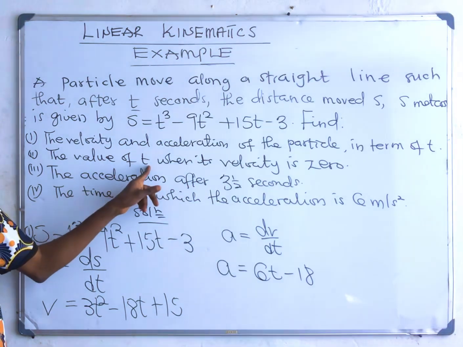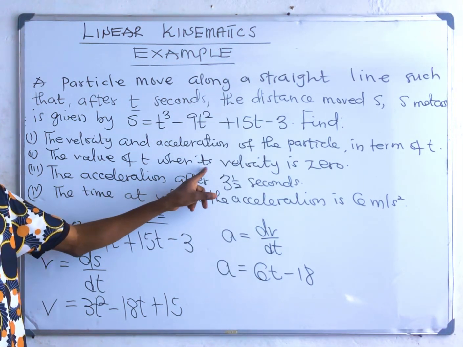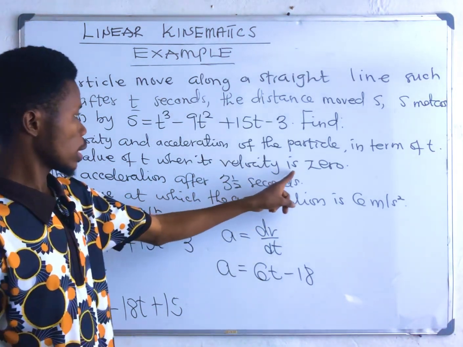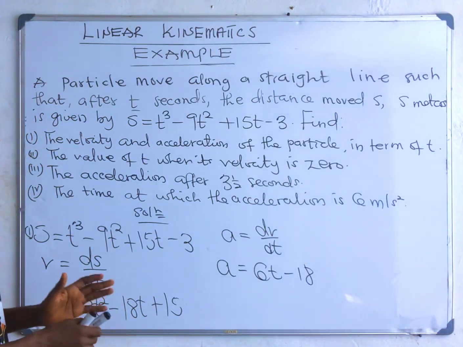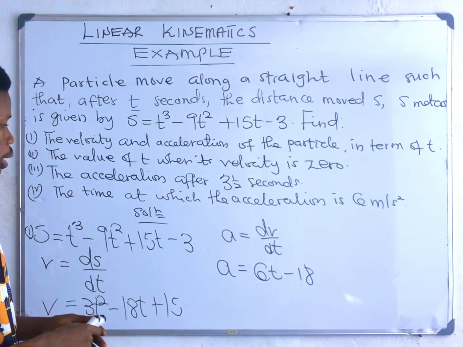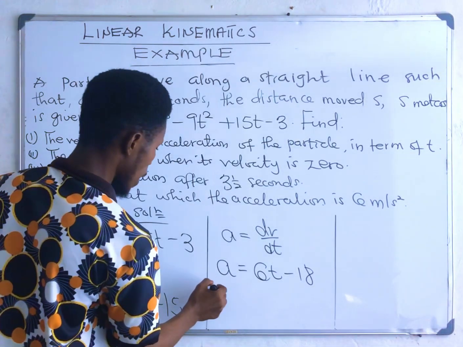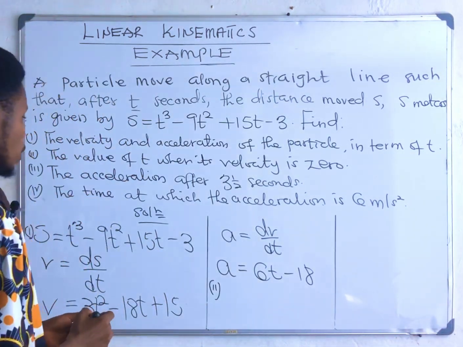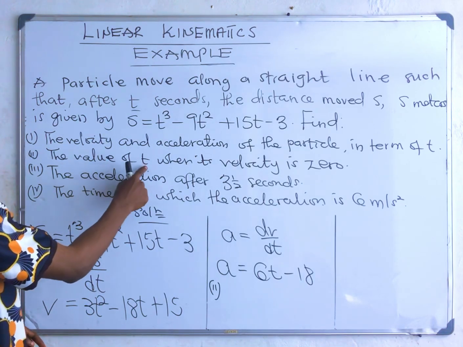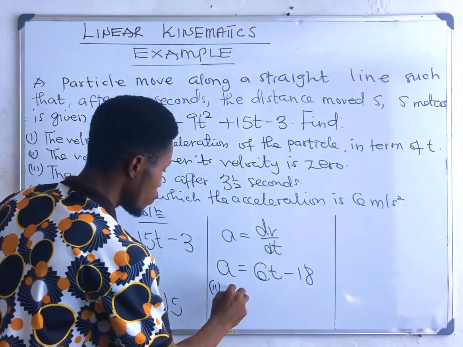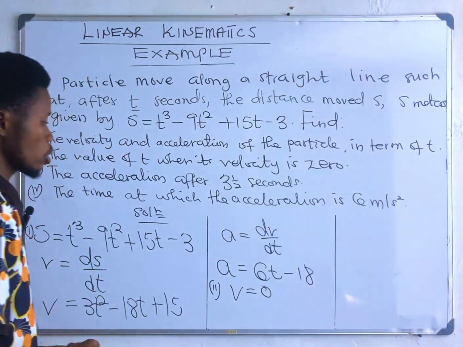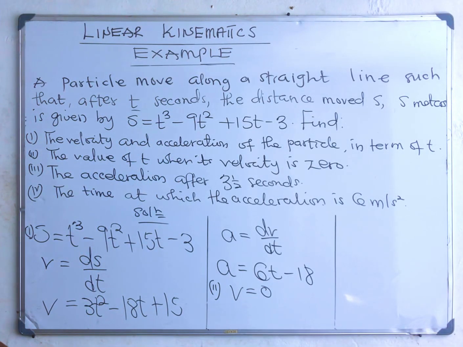The value of t when its velocity is 0. So you want to find the value of t when its velocity is 0, meaning that velocity is equal to what? 0. So where's our velocity?